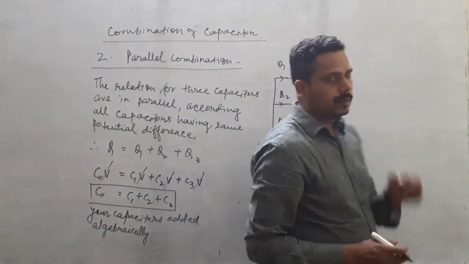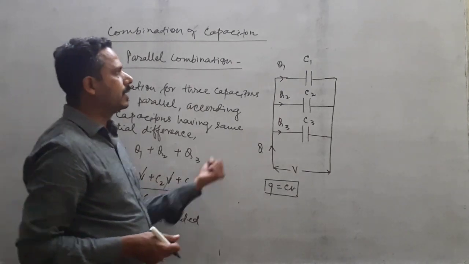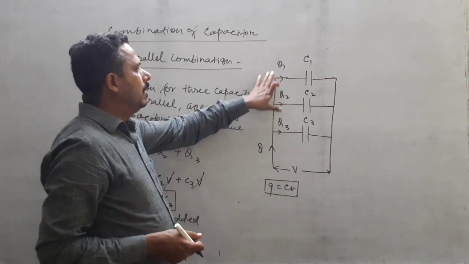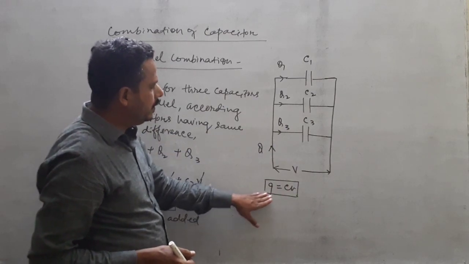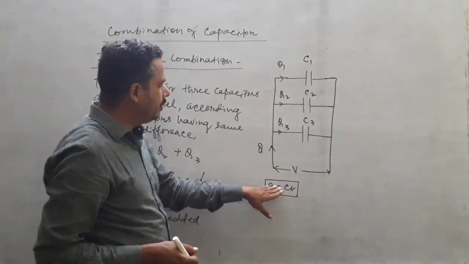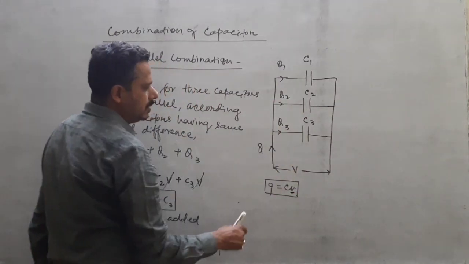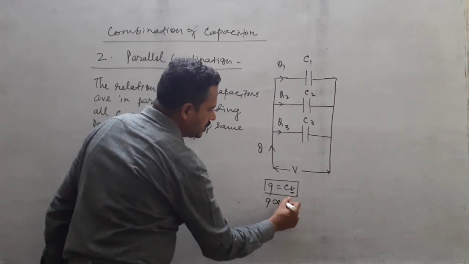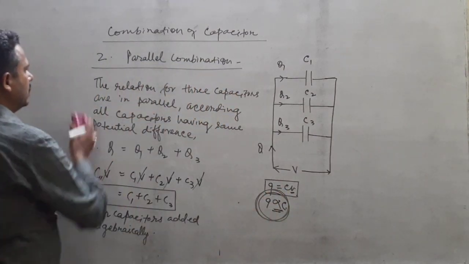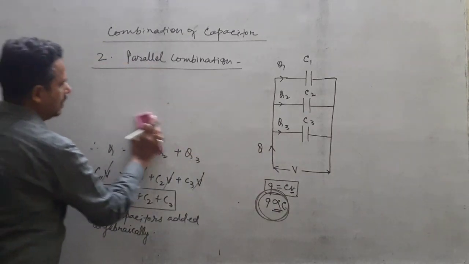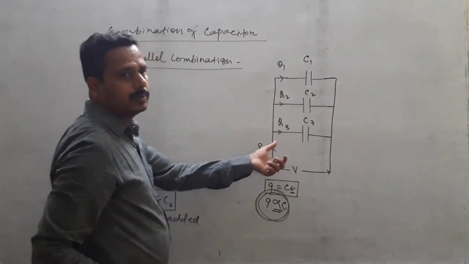Now from here we can use a concept: if someone wants to find Q1, Q2 and Q3, the relation is Q equals CV. V is common for each capacitor, so Q is directly proportional to C. By using this relation we can find Q1, Q2 and Q3.